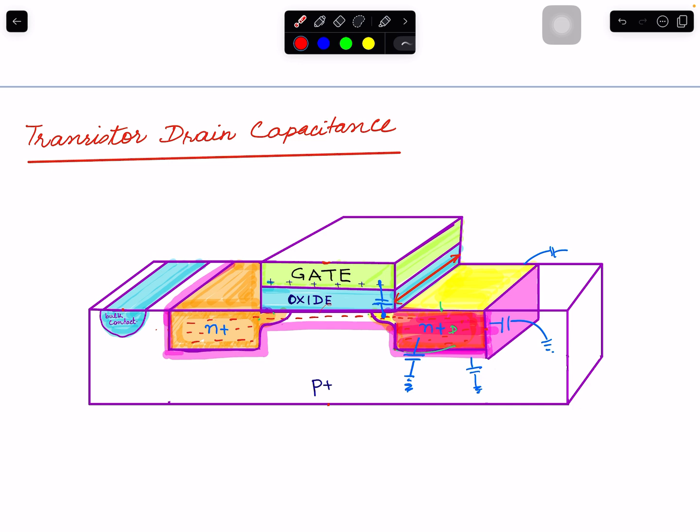When you write this mathematically, you can assume these are capacitors with one side grounded, and you just add up the values of all of them. So you have C drain to gate.